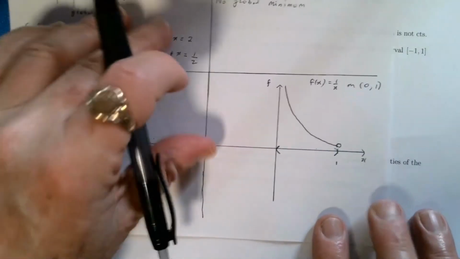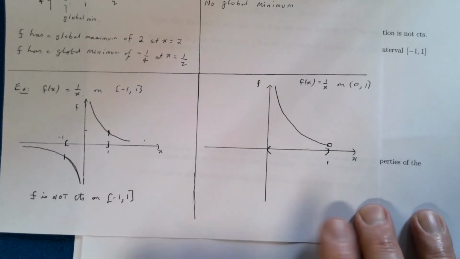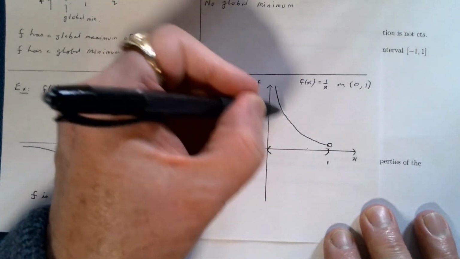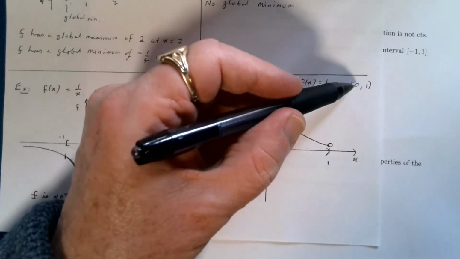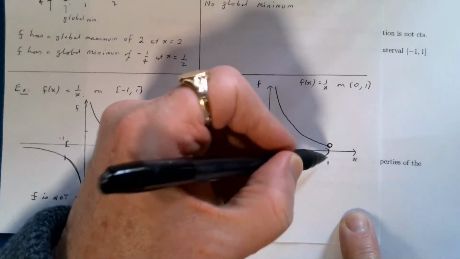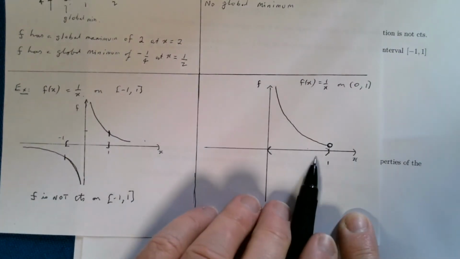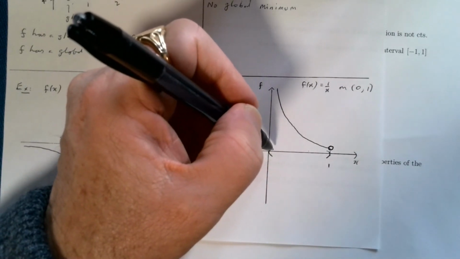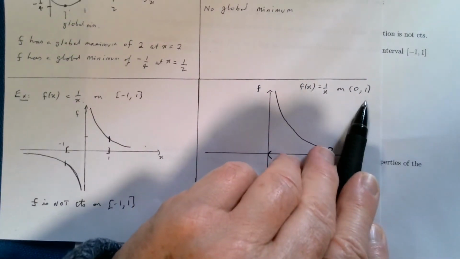On the other hand, if we look at f of x equals 1 over x now just on the interval 0, 1, so we just get this much, and we're excluding the endpoints. So there's an open circle here. We don't include the value at 1. And you can see again, it is continuous on this interval.